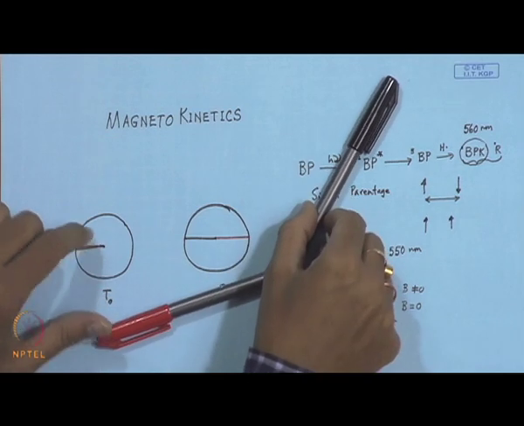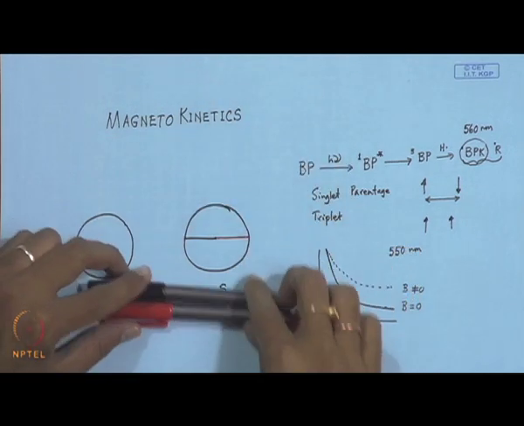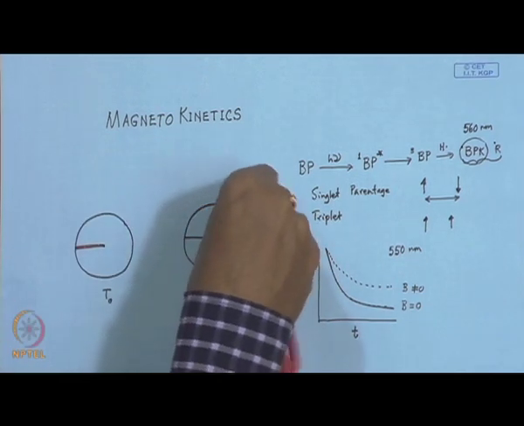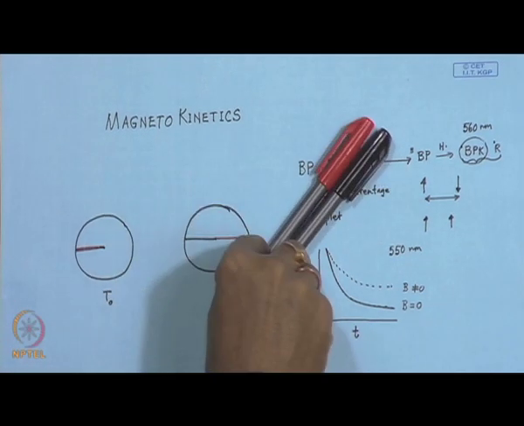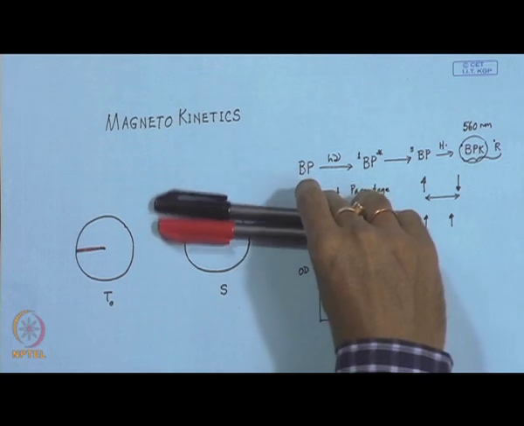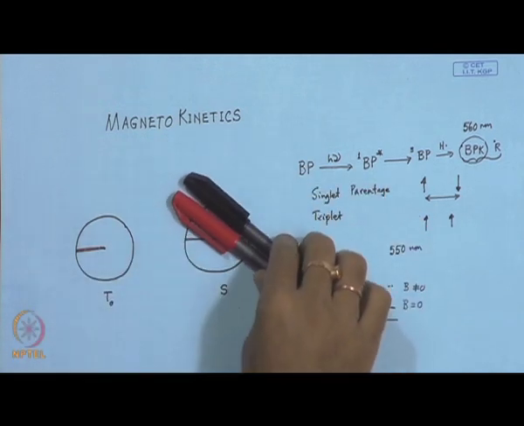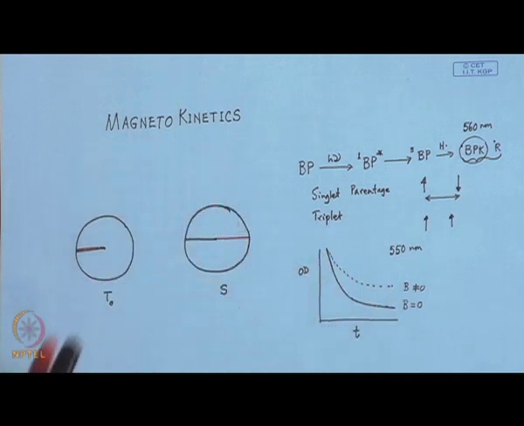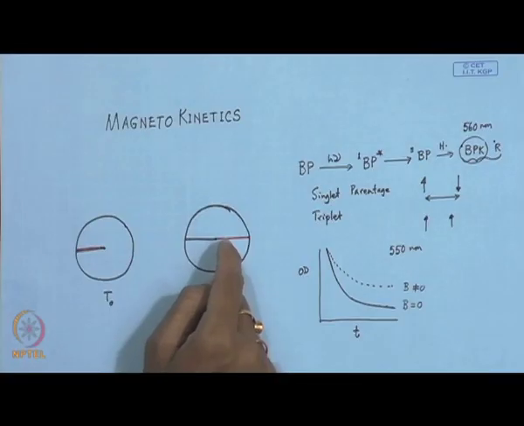So suppose by some means you can increase the precessional frequency of one of these two spins, then there will be dephasing.